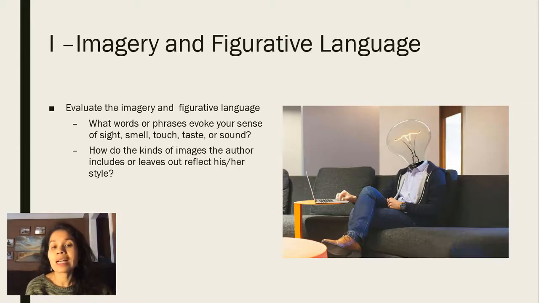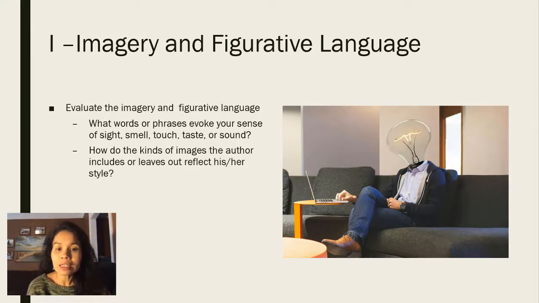The next thing you want to look at is the I in the DIDLS, which is imagery and figurative language. So this is an extension of the diction because you're looking for something very specific. You want to evaluate the use of imagery and figurative language. So what words or phrases evoke your sense of sight, smell, touch, taste, or sound?